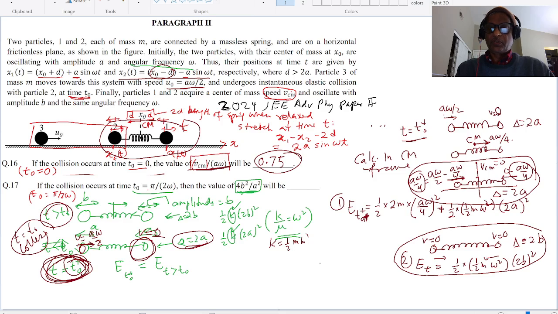So we just equate these two and solve to see what the value of b will be. Okay, let me clean this area and then I'll be back.